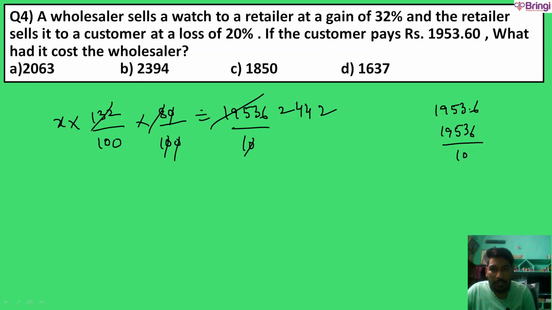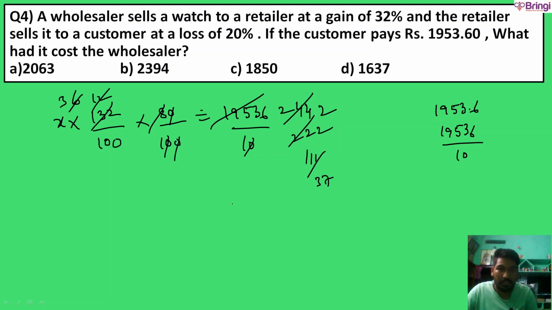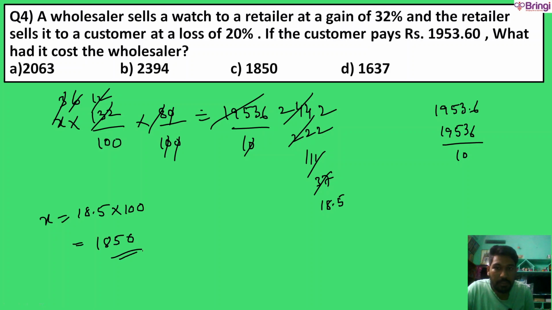Now the 11 table: 11 2s 22, so 2 times, and the 2 table 6 times, and so on. It is going to be 37 times. Now 3 table, 117 is going to be 18.5. So X equals 18.5 into 100, which is 1850. So the option will be C.